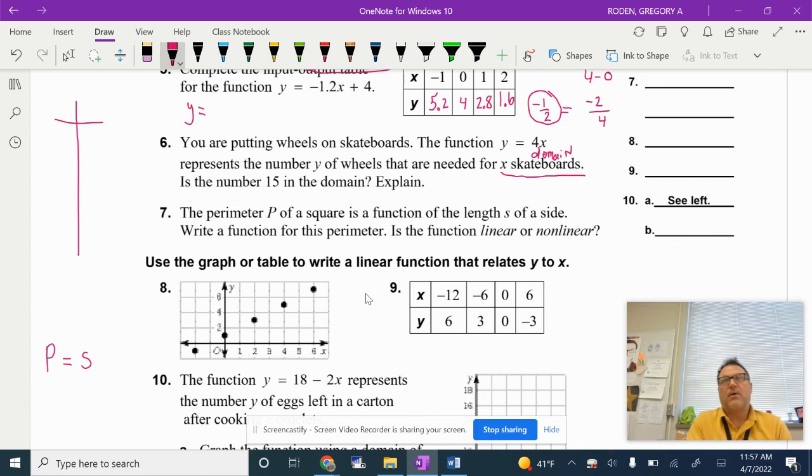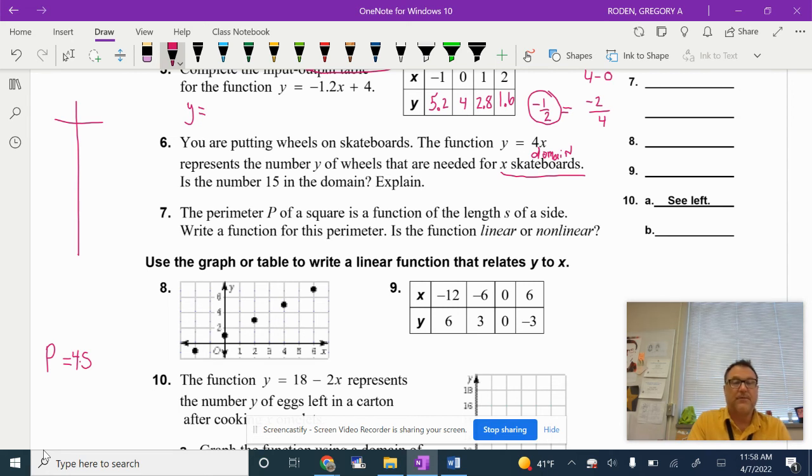What do we know about all sides of squares? They're all the same, right? And how many sides do we have on a square? We have 4 equal sides. So the function we could write is perimeter equals 4 times s.